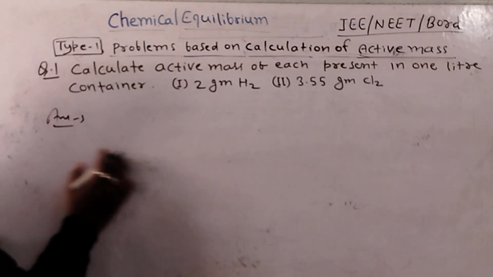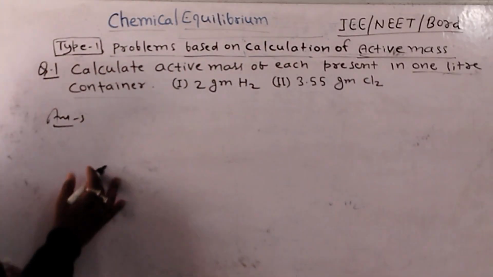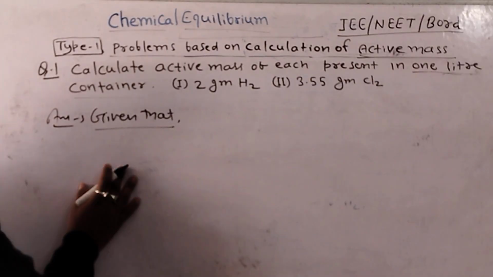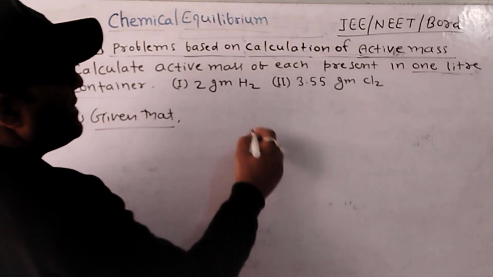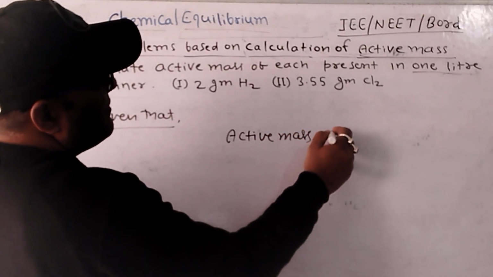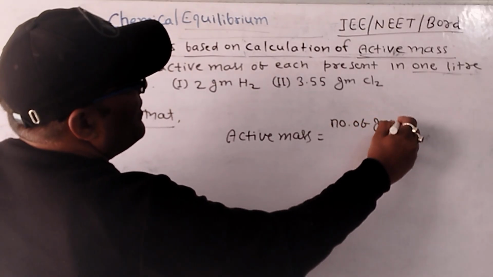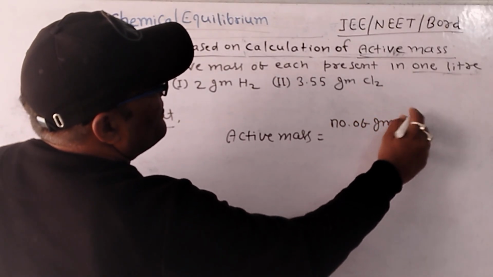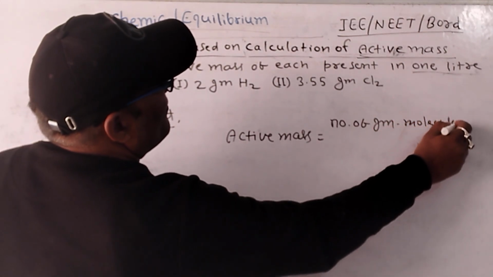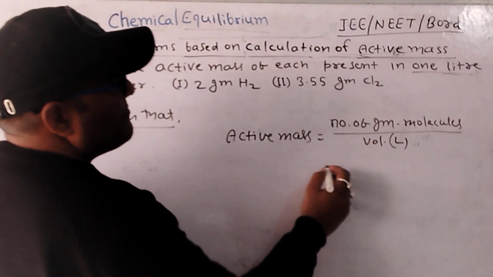Now first, here the volume is 1 liter. Given that, for the calculation of active mass, the formula of active mass is number of gram molecules divided by volume in liter.